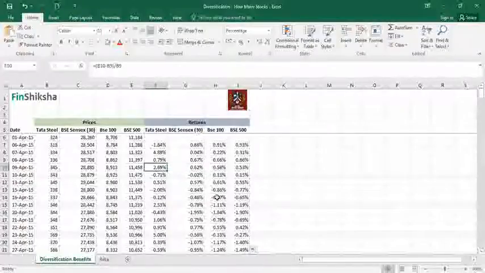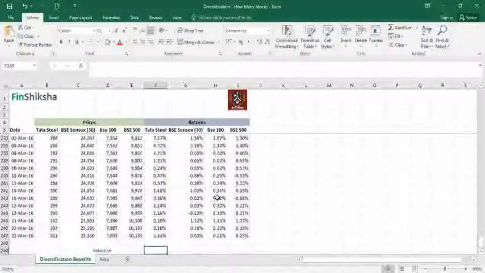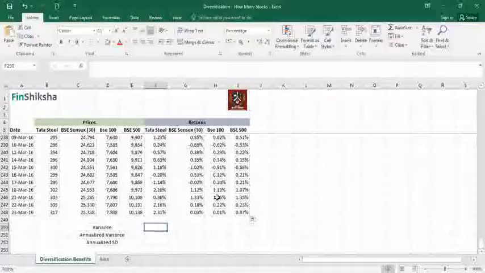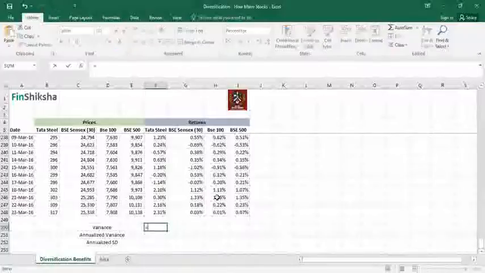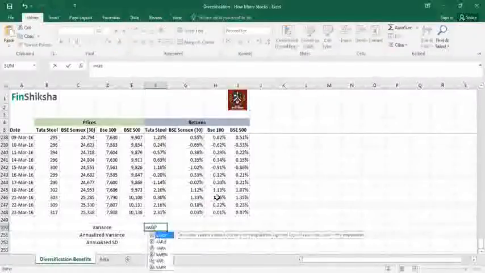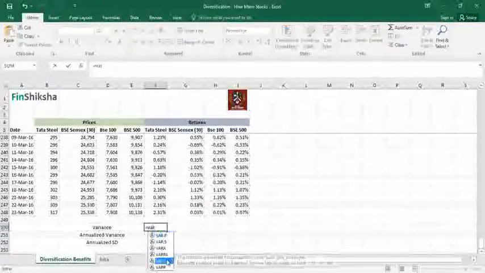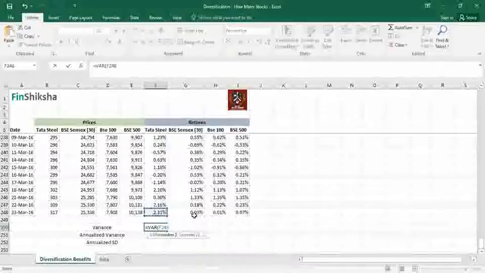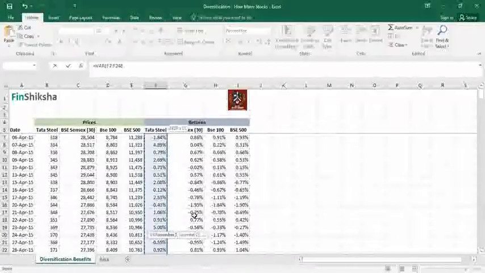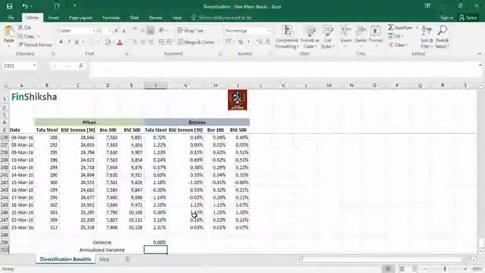Now we can try and find out what is going to be the variance of these portfolios. So the first thing we try and find out is the variance. Remember, these are daily returns, so what we will get is daily variance. We can use a formula called var, which is going to give us the variance, and select this data.